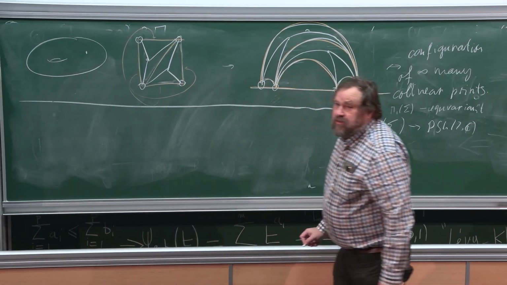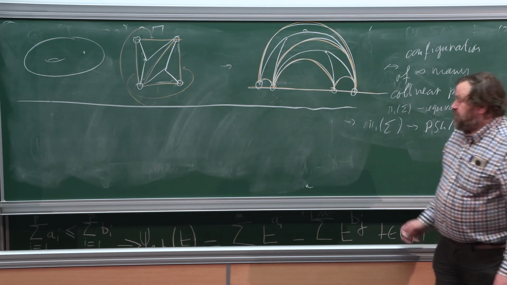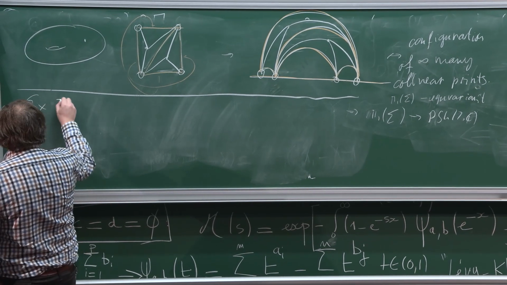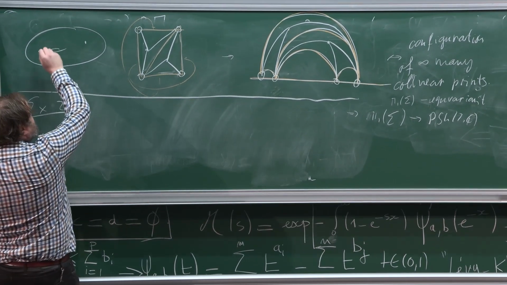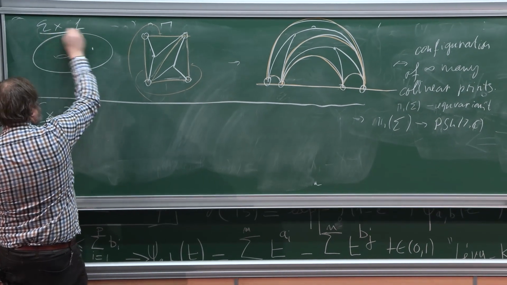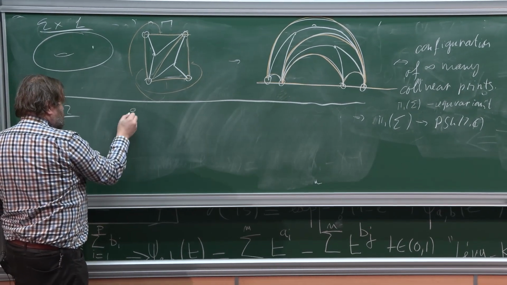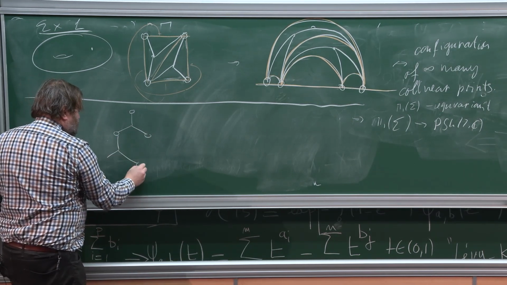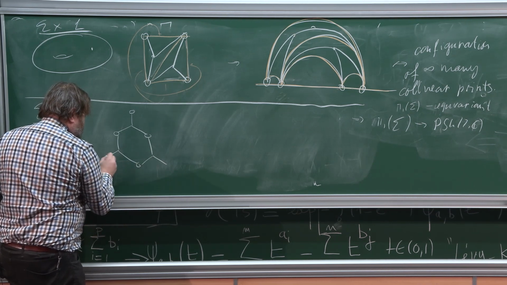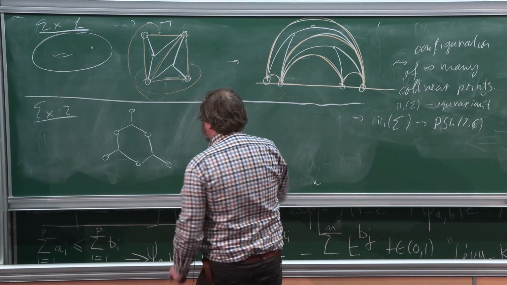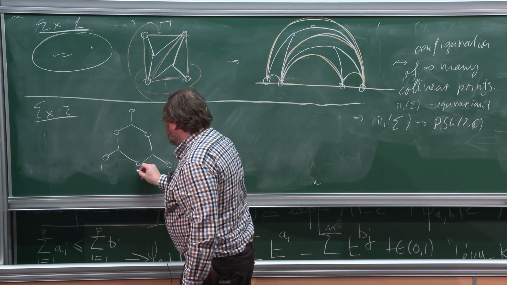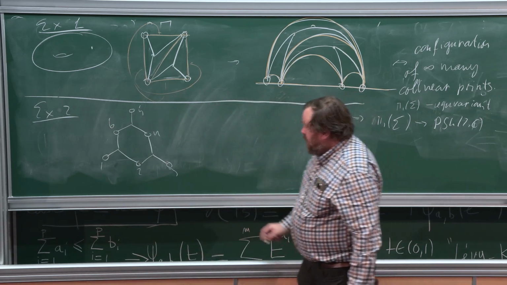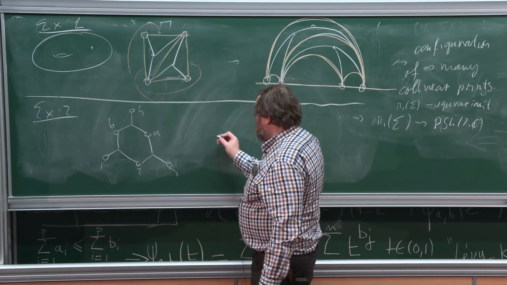Now, this is for SL2. For SL3 it is also possible to do the same picture. For that, let's consider example number 2. This was example number 1, and this example number 2 is a graph which looks like that. And I claim that, well, we have 1, 2, 3, 4, 5, 6. So we have 6 points, and 1, 2, 6 are collinear.